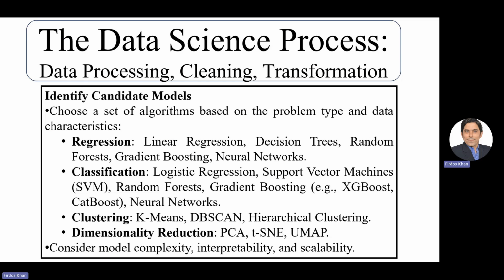Let's suppose your objective is prediction of a continuous variable. In that case, you can use a linear regression model, or you can use other machine learning algorithms. But if your objective is classification, then you need to use logistic regression.